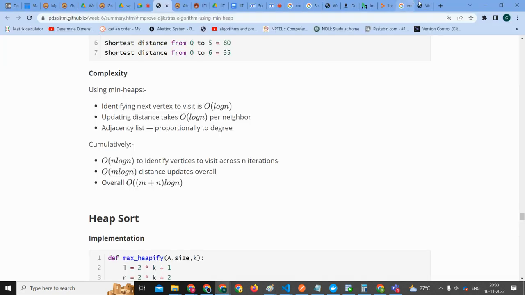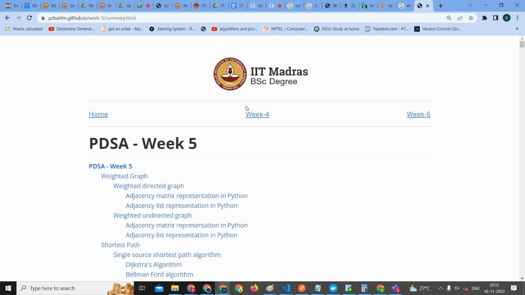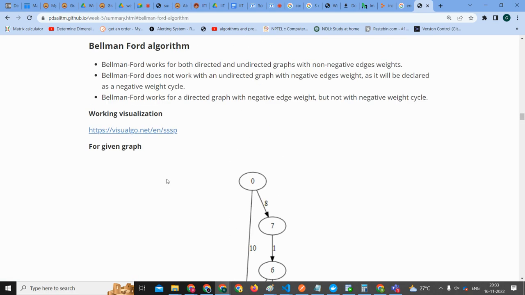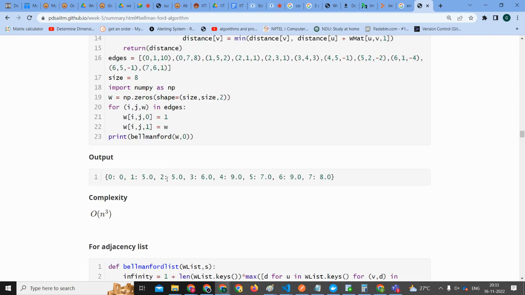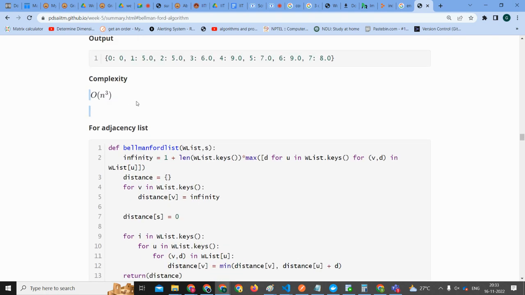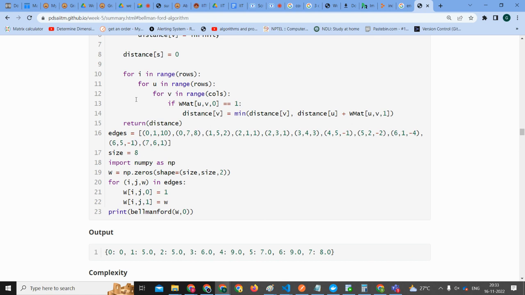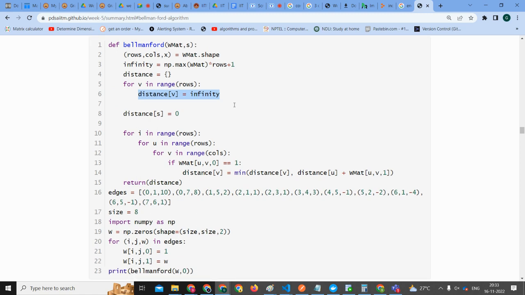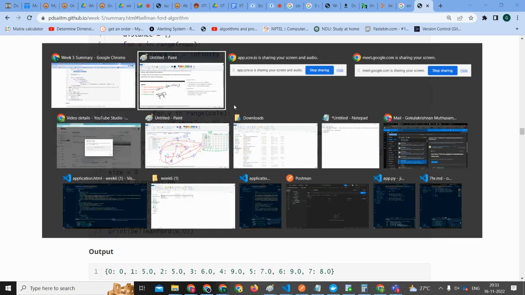I think it's n cube, three for loops, because we put infinity and then iterate it, right? So for everything we need to put it. Okay, fine.